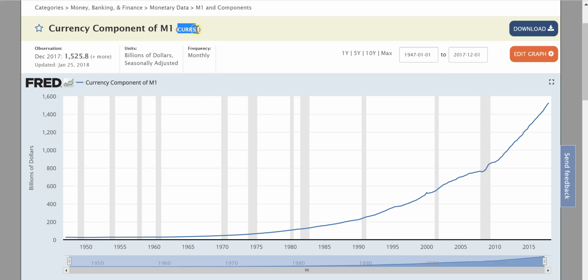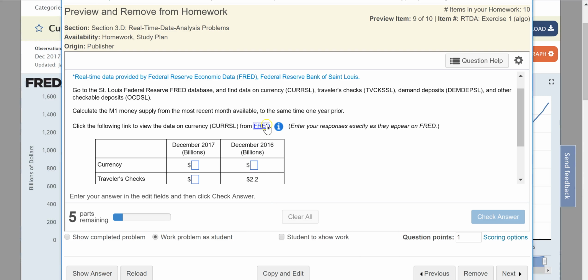It's useful because later on if you want to add a second or third graph to the same chart, you can use these symbols, for the traveler's checks, the demand deposits, and the other checkable deposits, to add these 3 additional lines to the same graph.